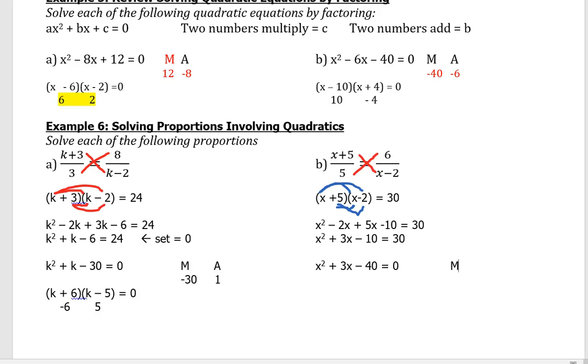Now I need two numbers that when I multiply them, I get negative 40, and then the same two numbers I need to add to get the 3. There's only two numbers that'll fit both of those requirements, and that's going to be positive 8 and negative 5.